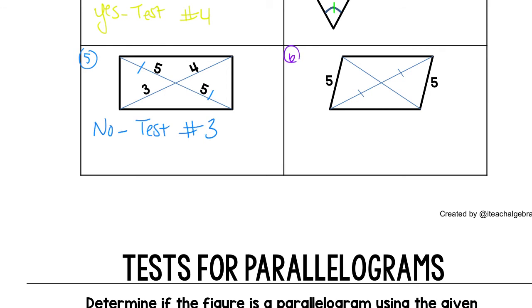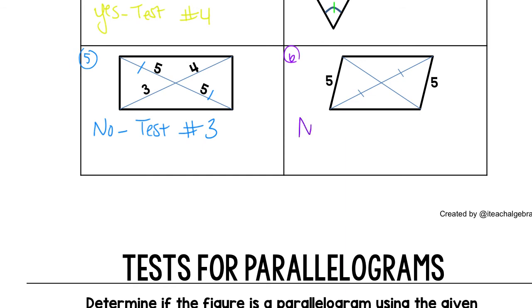All right, we've got opposite sides are the same length, 5 and 5 on either side. We know that one of these diagonals is bisected. We don't know anything about the angle measures. We don't know anything about these two sides, and we don't know anything about these two parts of the other diagonal.